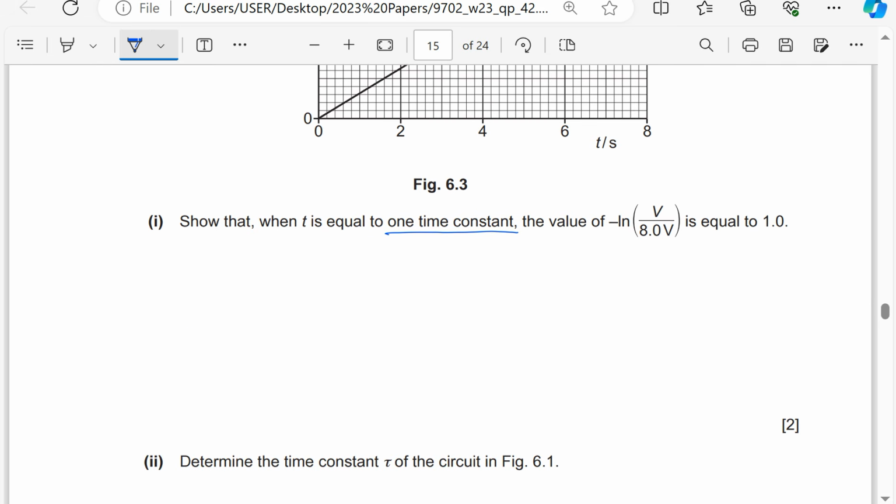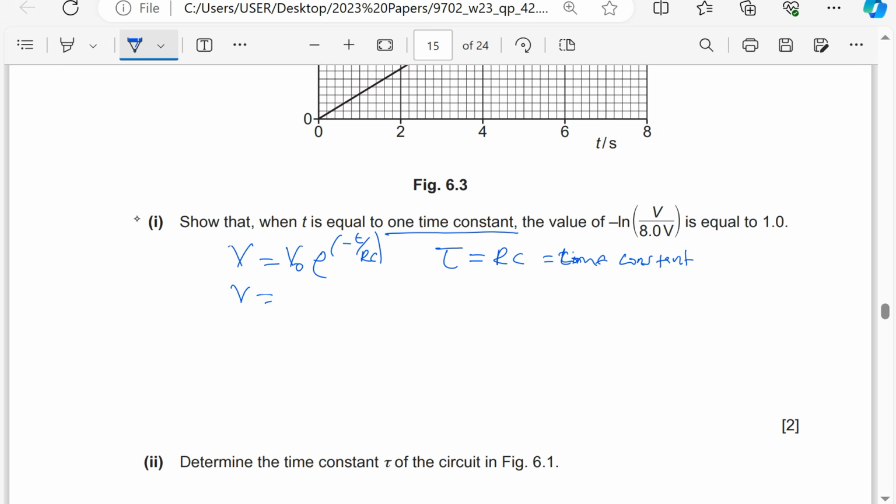So remember, the equation of discharge for a capacitor is given as V equals V naught e to the power negative t over RC, where tau equals RC. This is called the time constant. But they are saying when t is equal to 1 time constant.